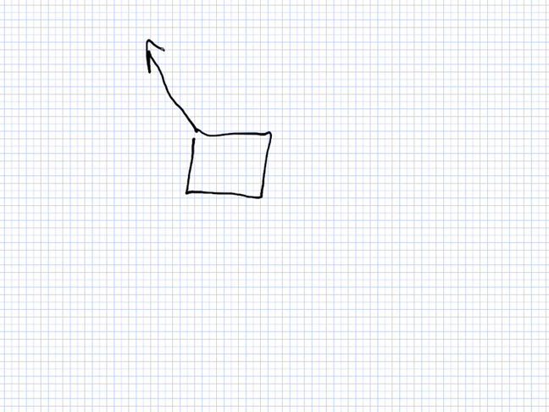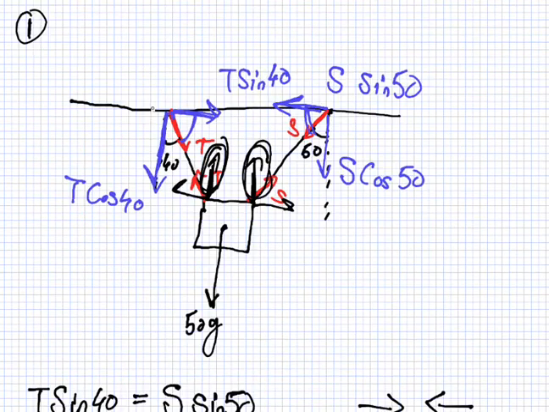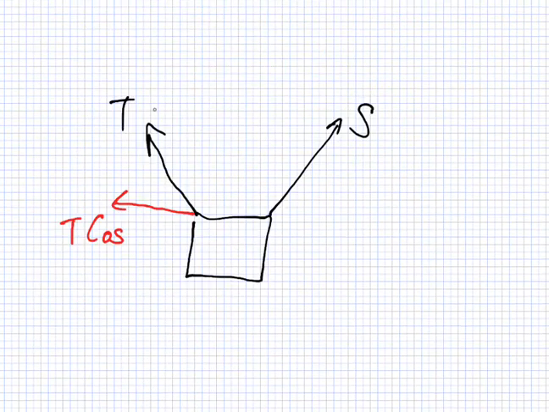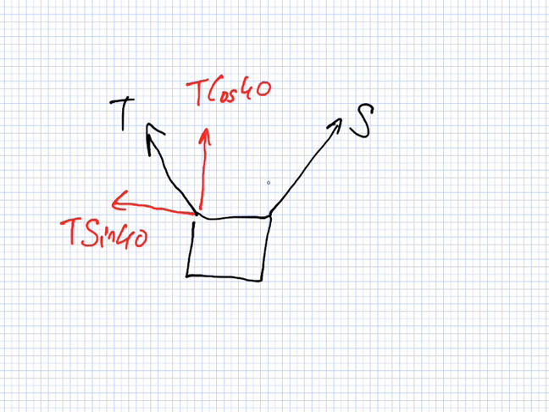All right. This one I said was T. This one I said was S. What did I say? This one was T cos? T sine 40. And this one here, T cos 40, S cos 40, and here S sine 40.